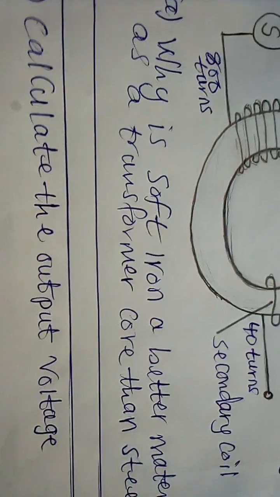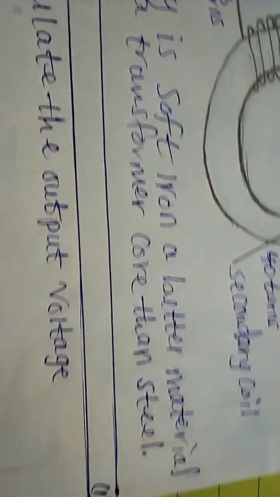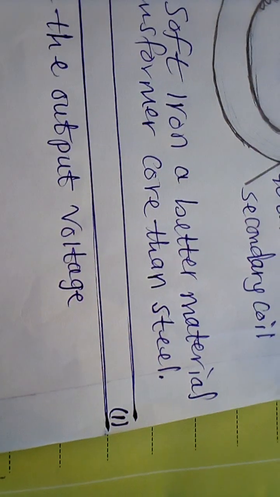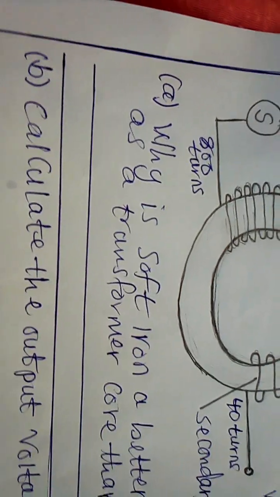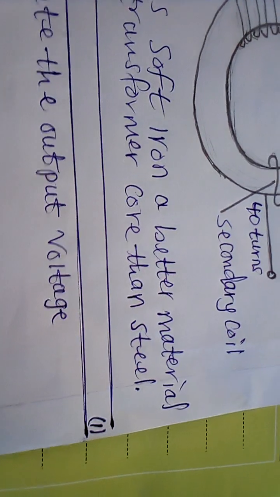Let's now do the first question. The first question says, why is soft iron a better material as a transformer core than steel?